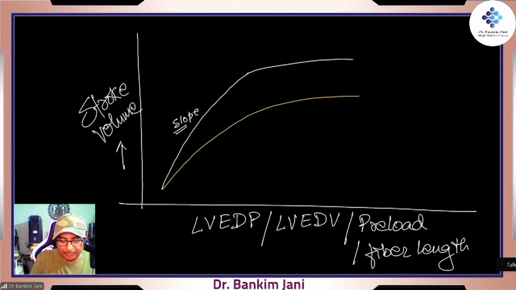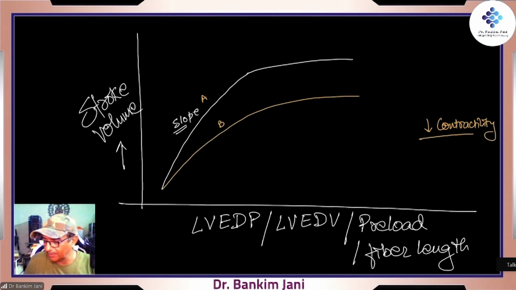This is slope A, and this one is slope B. Out of slope A and slope B, in which one is there decreased contractility? Now, if you have understood everything up to this point, I'll be asking you 3 or 4 questions. You should be able to answer all of them.